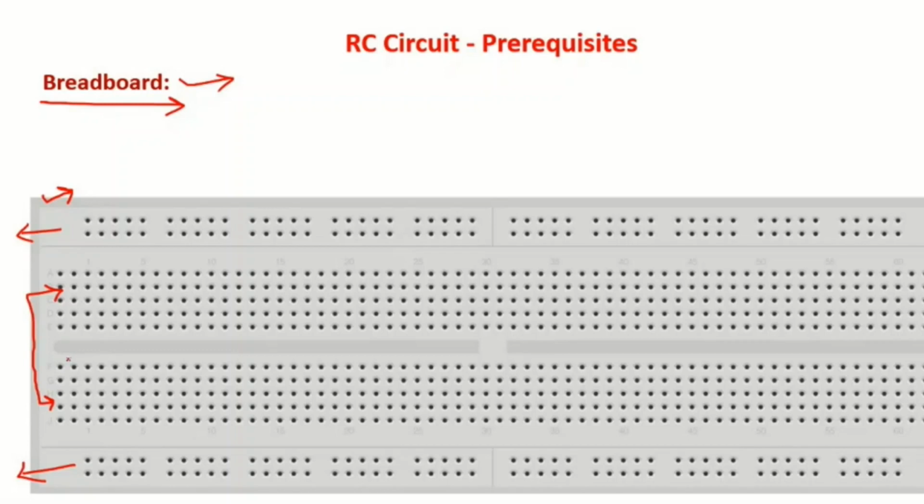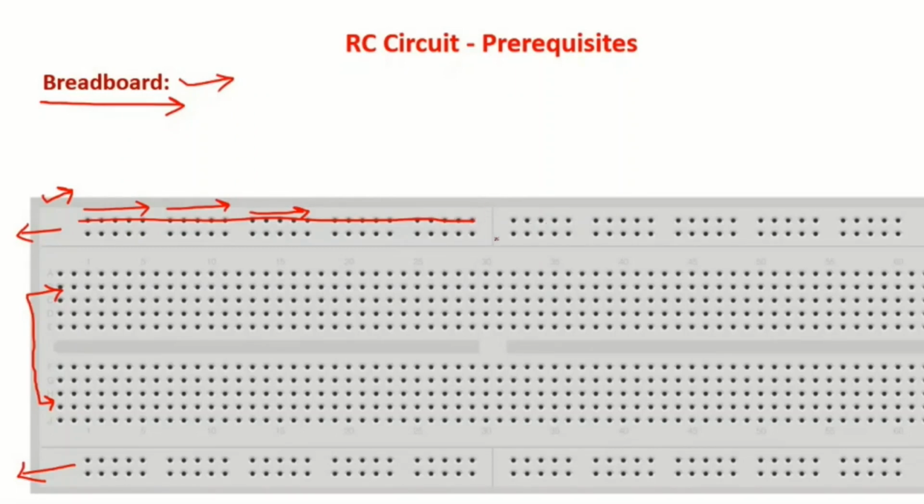So let us see what this property is. If you look at the top and bottom, there are horizontal holes. Look at this. In the top and bottom portions of the breadboard, all these horizontal holes are connected to each other till the middle point.